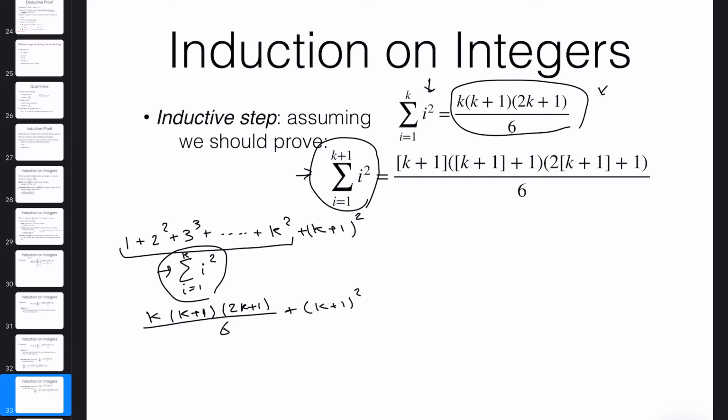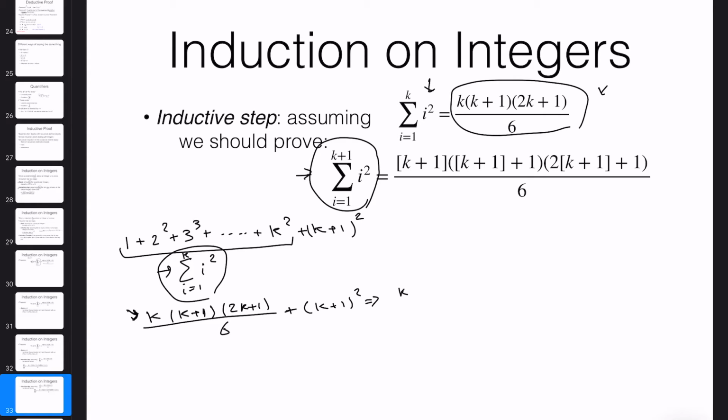Now what I'm going to do here is simplify this formula. I'm simplifying this one: k times k plus 1 times 2k plus 1.